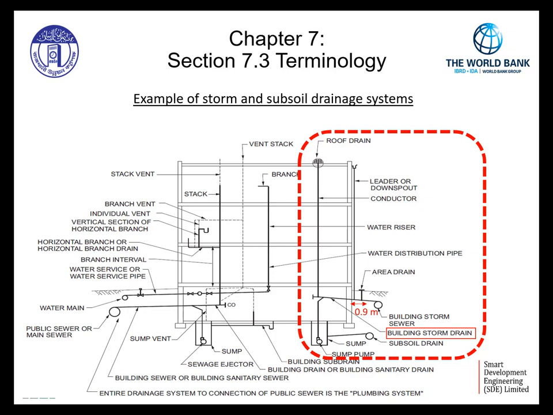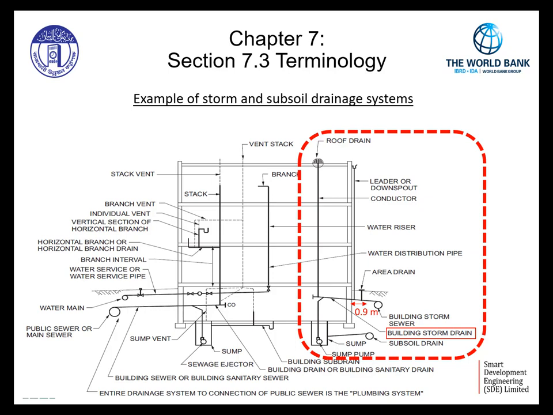When the elevation of water rises in the sump, there is a sump pump that is equipped with a float switch that automatically turns the sump pump on and allows the water to be pumped up and into the building storm drain to allow for gravity flow out of the building. This is an example of storm and subsoil drainage system piping.